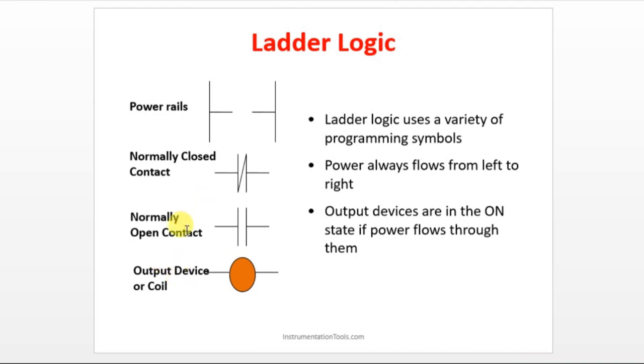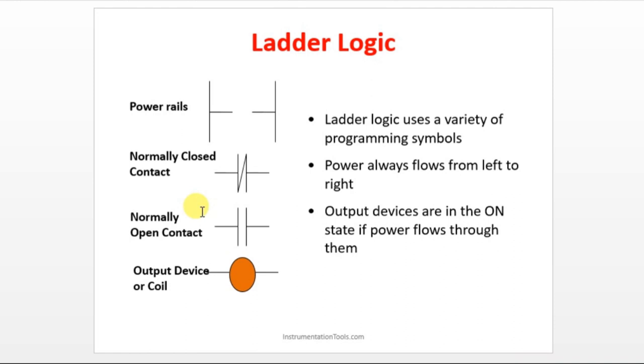So what is normally? Let's see about normally open contact. It is like a switch. Imagine you have a switch at your home, right? When you turn it on, your output will be on. If you turn it off, your output will be off. That type of switch is called a normally open contact. What does normally open contact mean?